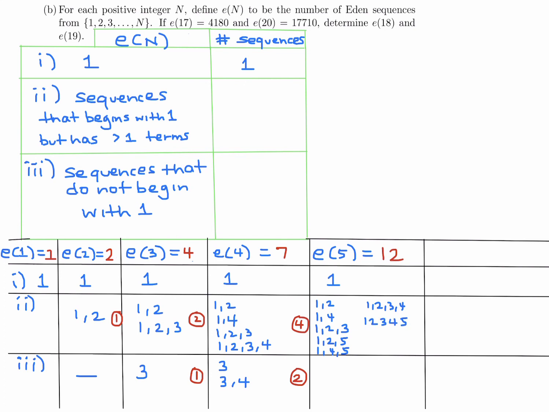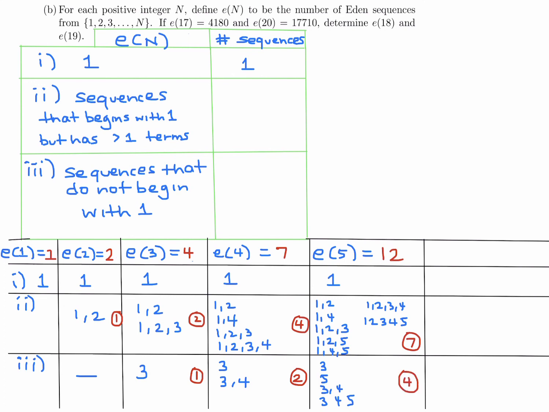Like that. So this is, so far, let's see here, that's 7. For the third category, for E_5, we had just 3, 5, 3, 4, and 3, 4, 5. I believe those are the only ones. So that gives me 4.